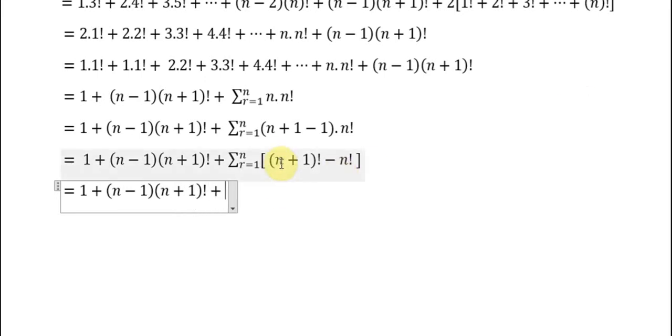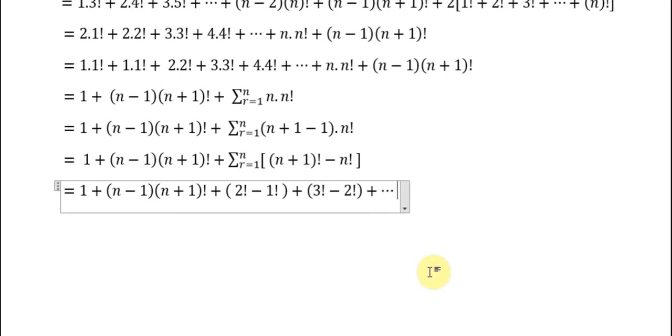We have r equal to 1, so we put number 1 in here, and we put number 1 in here, so we get 2 factorial minus 1 factorial, and continue this. R equal to 2, we put number 2 in here, so that's 3 factorial minus 2 factorial, until this one.